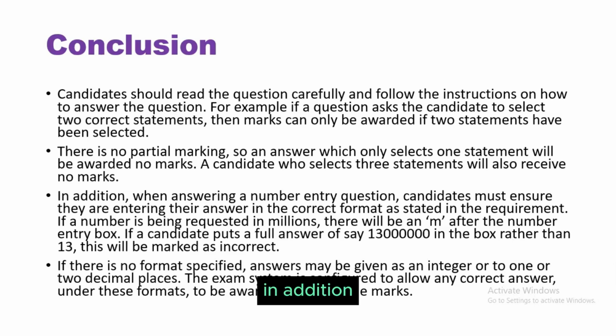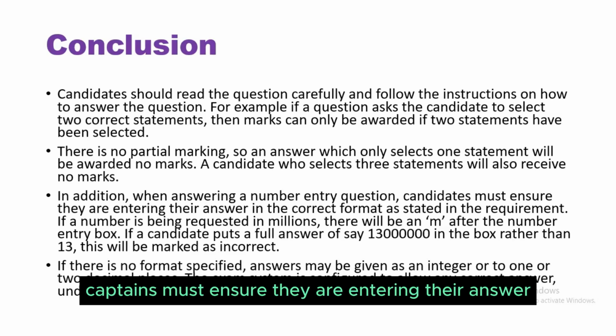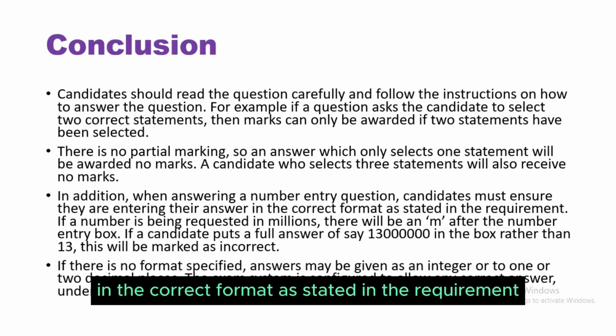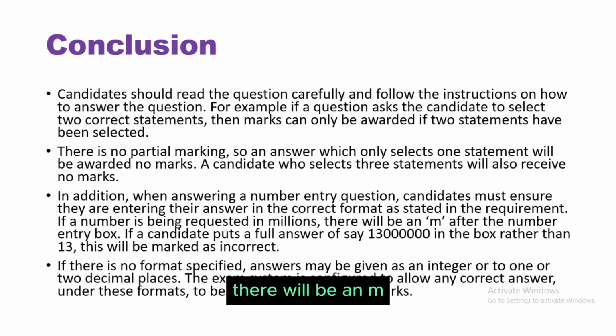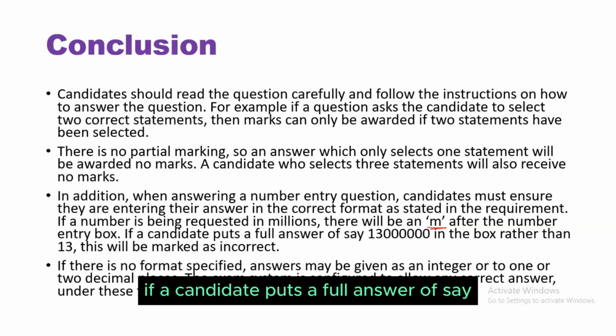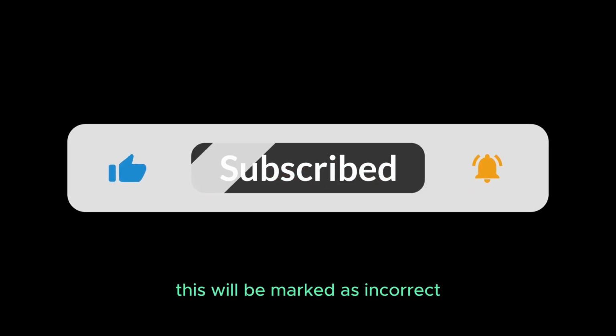In addition, when answering a number entry question, candidates must ensure they are entering their answer in the correct format as stated in the requirement. If a number is being requested in millions, there will be an M after the number entry box. If a candidate puts a full answer of say 13 million in the box rather than 13, this will be marked as incorrect.